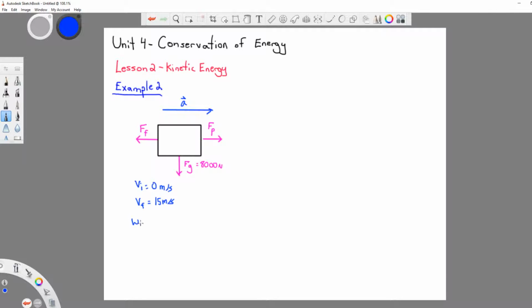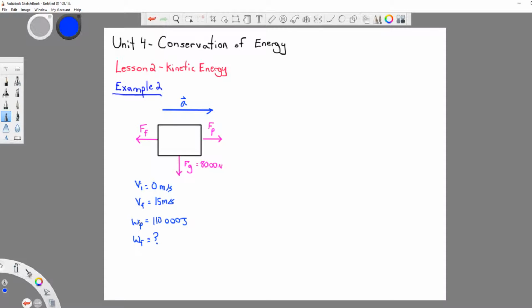I'll say work done by propulsive is equal to 110,000 joules, and we are looking for the work done by the friction force. This one here, question mark.